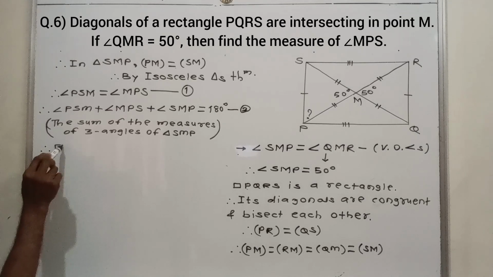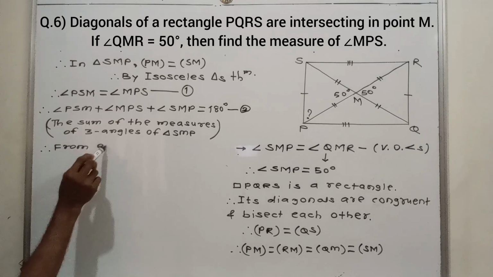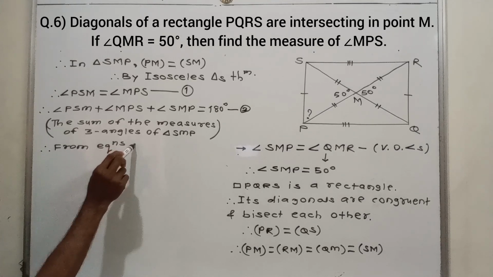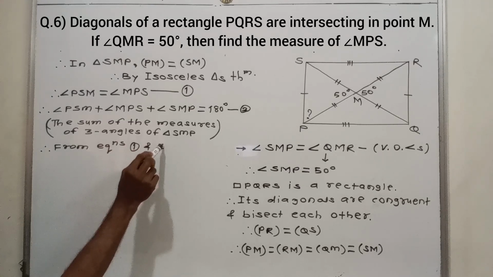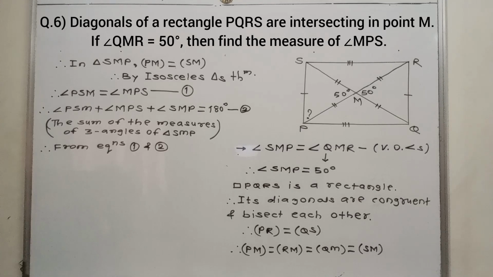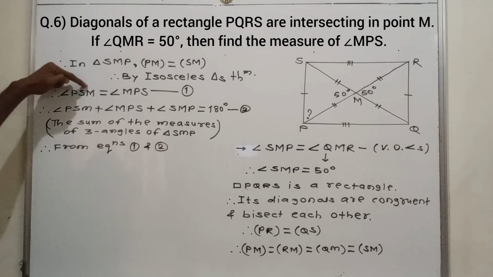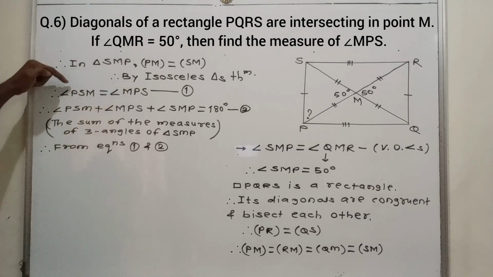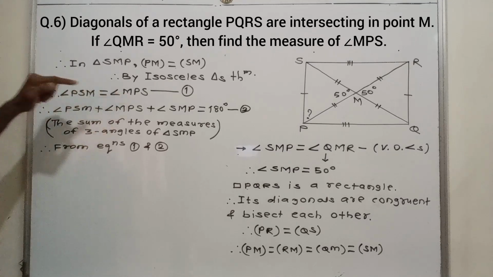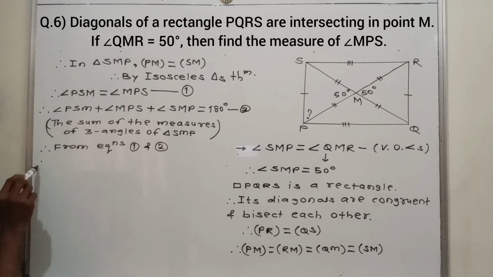Therefore, from equations 1 and 2, see this carefully. Value of angle PSM is angle MPS.